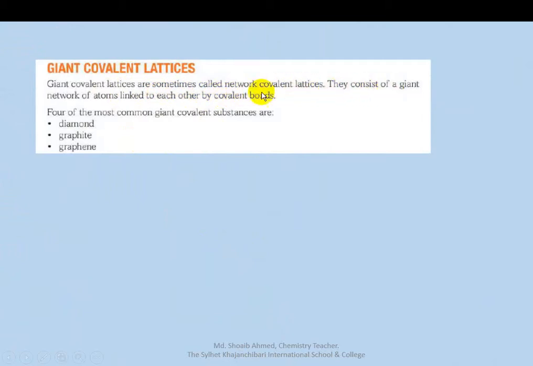They consist of a giant network of atoms linked to each other by covalent bonds. Examples are diamond, graphite, and graphene.